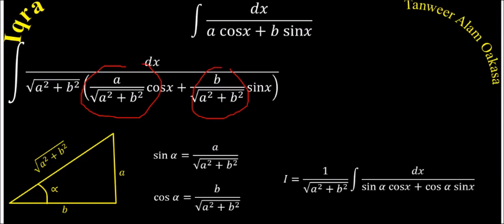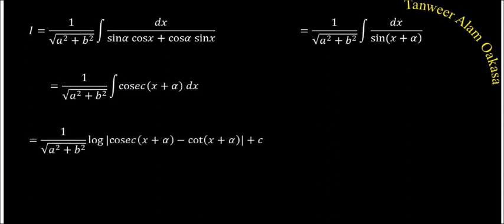If I reduce this, it becomes 1 upon under root of a square plus b square and integration of 1 upon sin of x plus alpha. And 1 upon sin is cosec, and integration of cosec I know is log of modulus of cosec x minus cot x. So cosec of x plus alpha minus cot of x plus alpha.